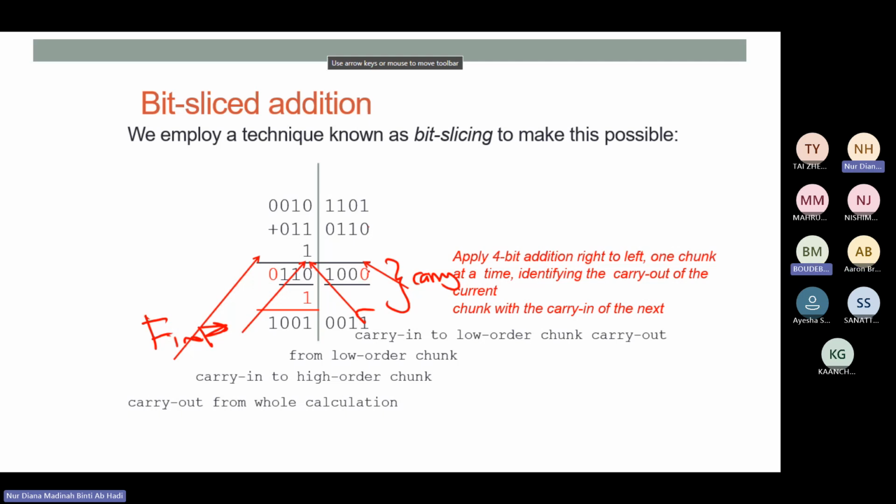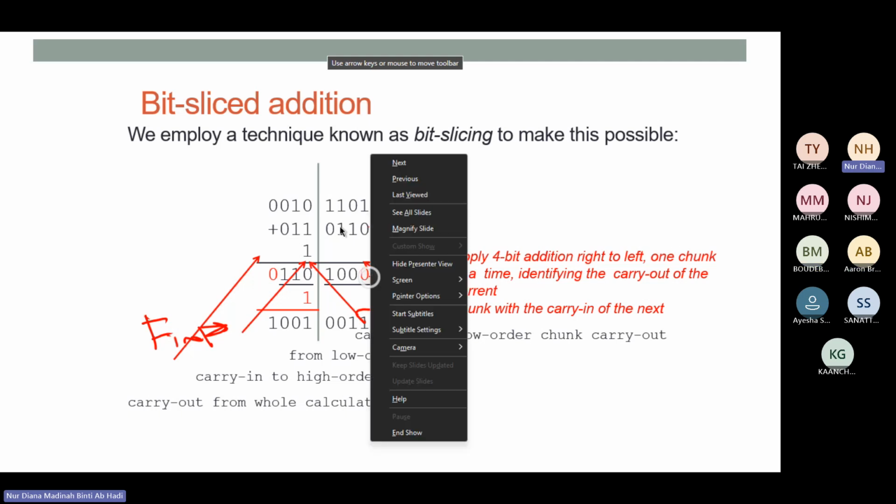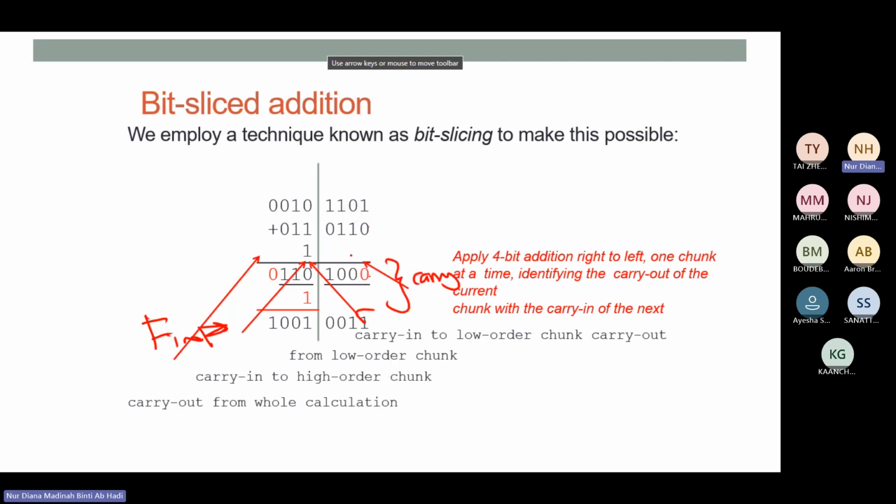No, so that's why they put a 0. So 0 plus 1, do we have any carry in? No, so we put our 1 directly here, correct? 1 plus 1, what will be the value? It will be 10, right? So we bring our 0 here, and the 1, we will put it where? Here. Can you see? This would be our carry.